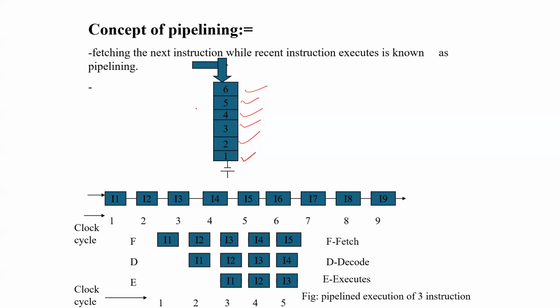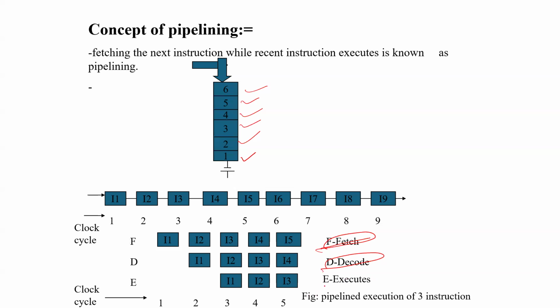So these six instructions will go through some steps. First, the instruction will be fetched. After that, it will be decoded. That means it needs to be understood by the microprocessor, so it is called decode.